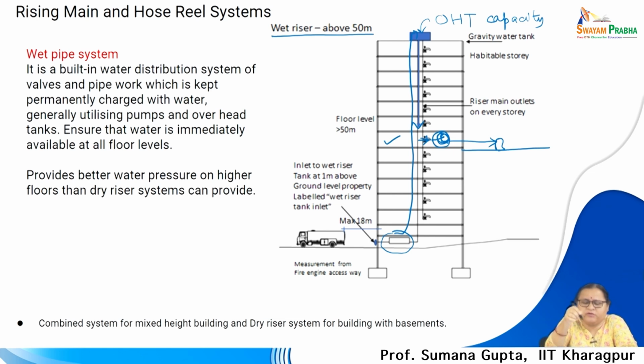So, from the overhead tank the water will come down to the place where the fire has occurred, and the firemen will control the fire, but the water will come from the overhead tank.